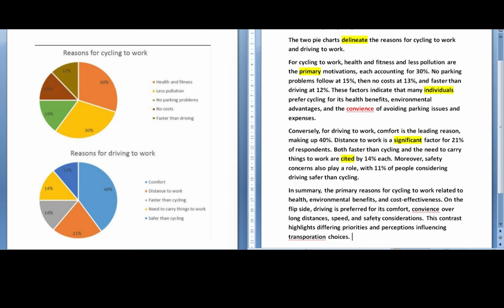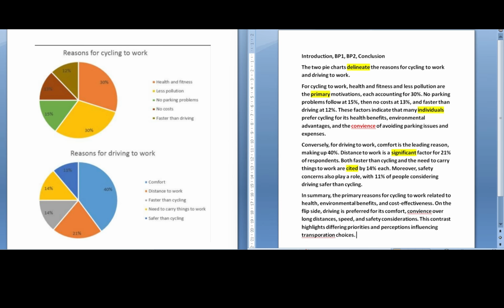All right. So this is the actual answer. There are two mistakes. Instead of convenience, you will write down, that's your homework. You just have to write down the spelling for convenience. So this way, transportation. So I did one more mistake, transportation choices. So this is the actual answer.